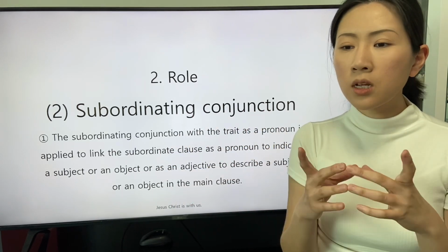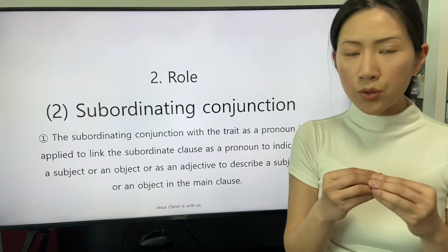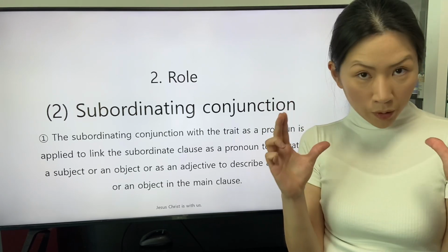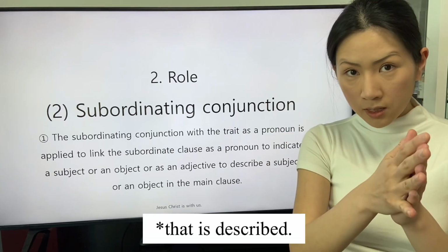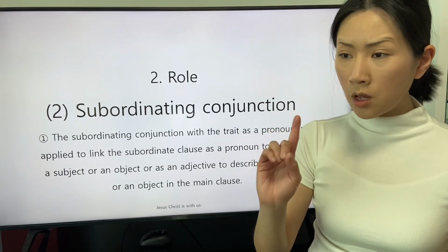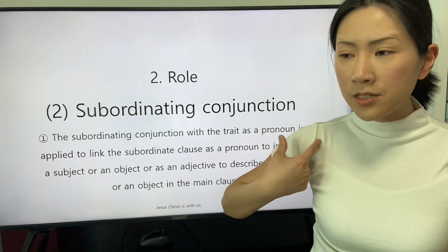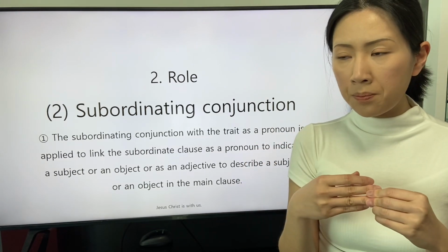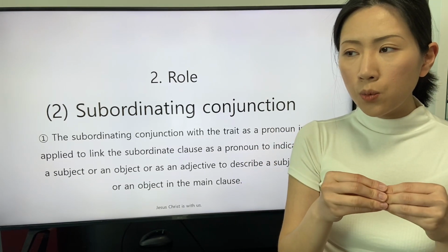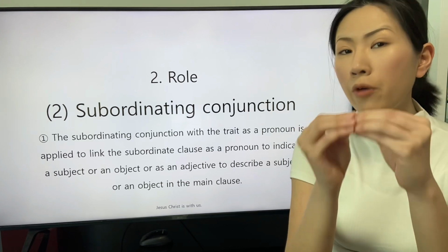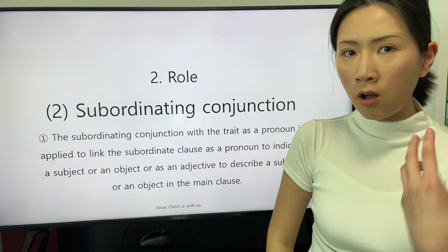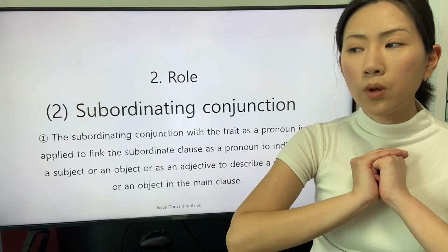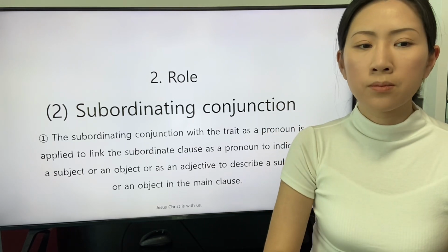The main clause is constituted with the subordinate clause that indicates a subject or an object. The subordinate clause has the trait as a pronoun to practice the role as a subject, an object, or a complement as an indication.